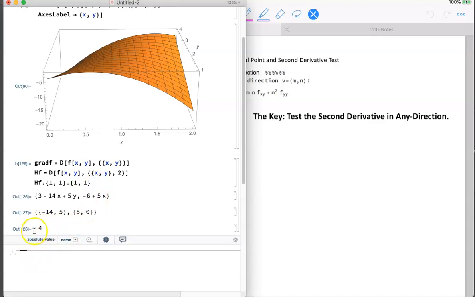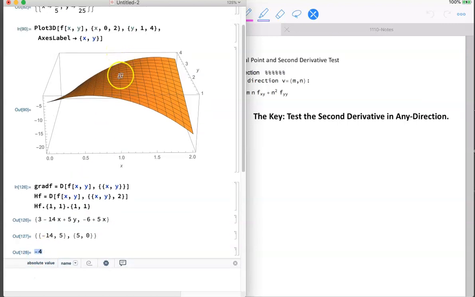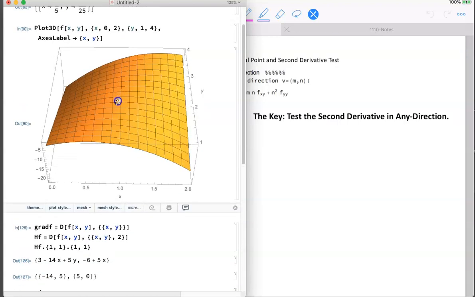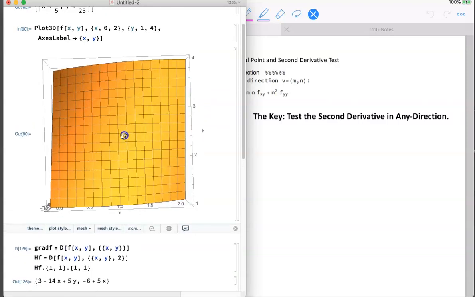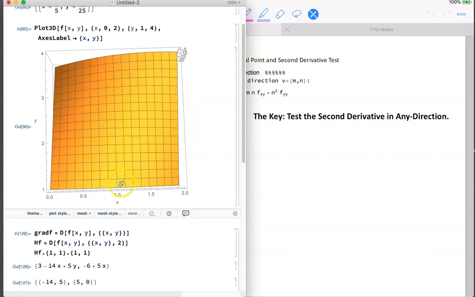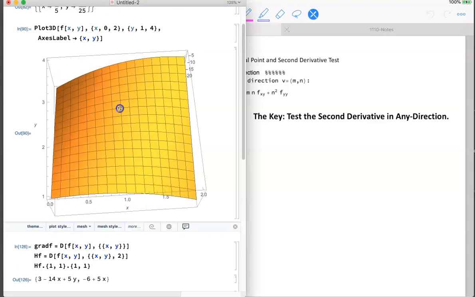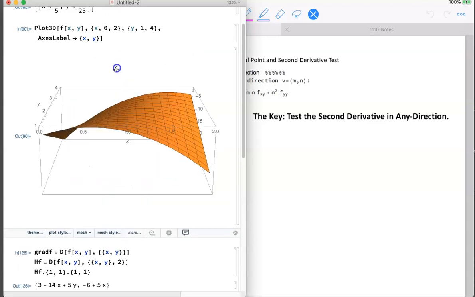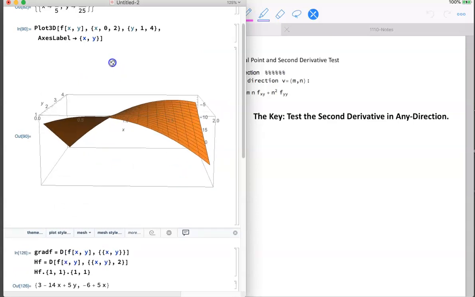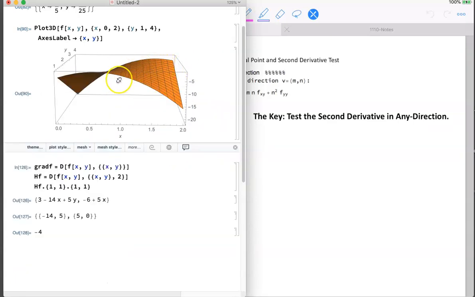And we can see that that function is curving down, minus sign, in the 1, 1 direction. So if you look at our point of interest, which was the critical point somewhere in the middle here, 1.2, 2 point something, and then you look at the direction 1, 1, the function would be kind of sloping downward in that direction. The curve on the surface would be like a little parabola facing downward.